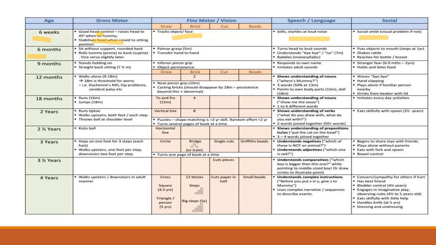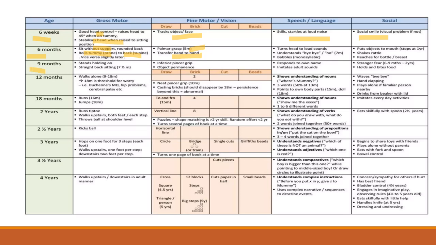By 6 months, sits without support and rolls tummy to back. In fine motor, palmar grasp will be there, and transfers objects from hand to hand. In speech, turns head to loud sounds, understands bye bye, says tata and babbles. In social, puts objects to mouth, shakes rattles, reaches for bottle or breast.